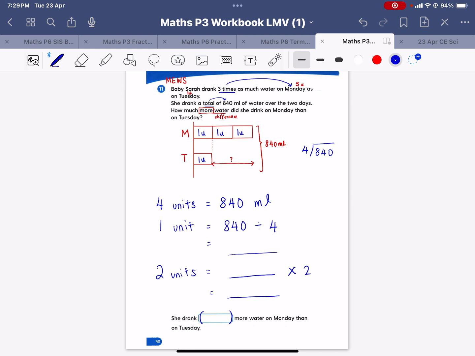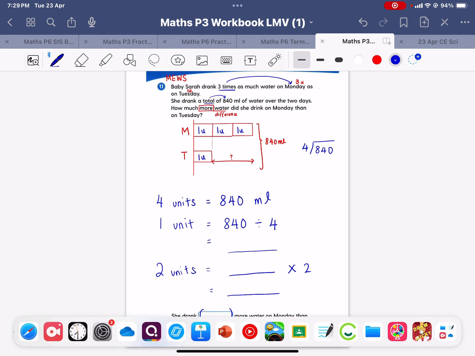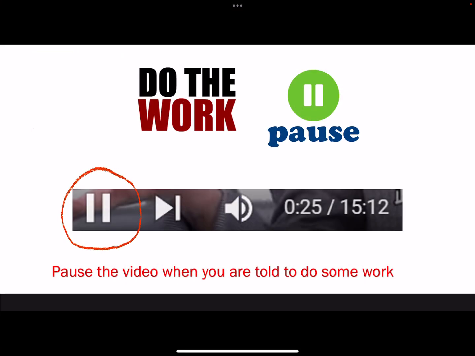You notice these are all blanks. Obviously, you are not going to give me the blanks like this. So what's going to happen now is you can pause the video and use this time to fill up the blanks to what we have discussed earlier.